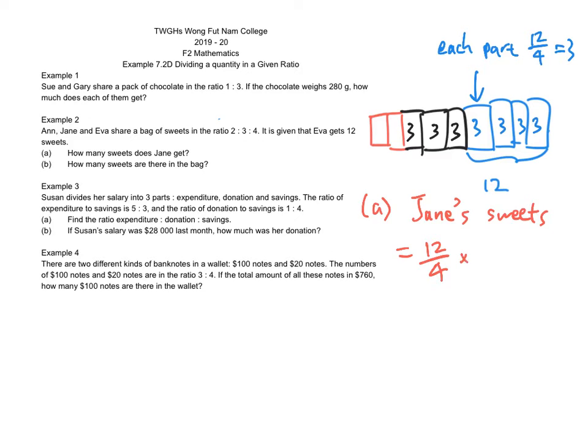And then times how many parts Jane receives? She receives 3 parts. That means times 3. So 9 sweets. So you have to understand the meaning. What's the meaning of 12 over 4? Why do we need to multiply by 3? If you understand the meaning, then you can solve the problems.